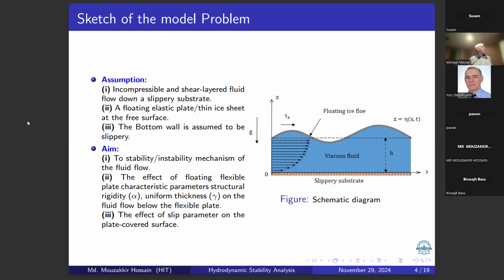The target is to study the stability and instability mechanism of the fluid flow, the effect of the floating elastic plate characteristic parameters, like the structural rigidity alpha and the uniform thickness gamma, on the fluid flow below the floating flexible plate, and the effect of the slip parameter on the plate covered surface.